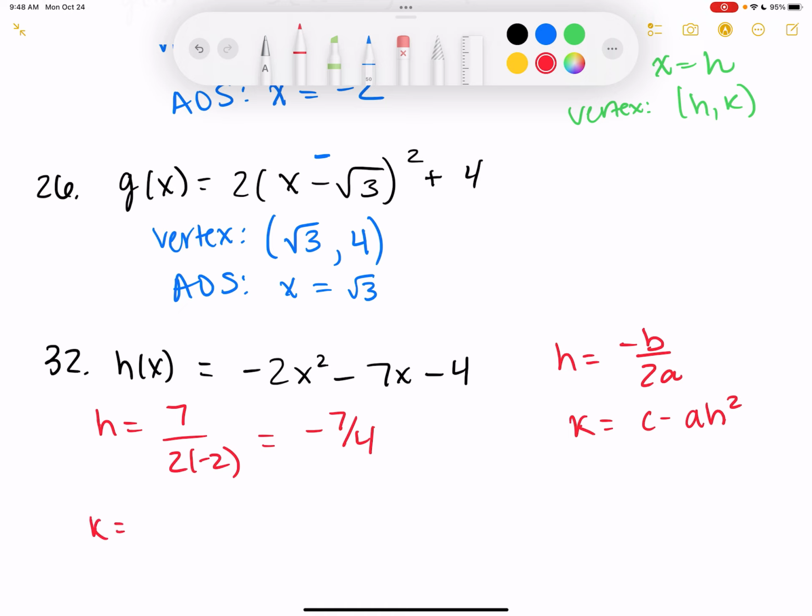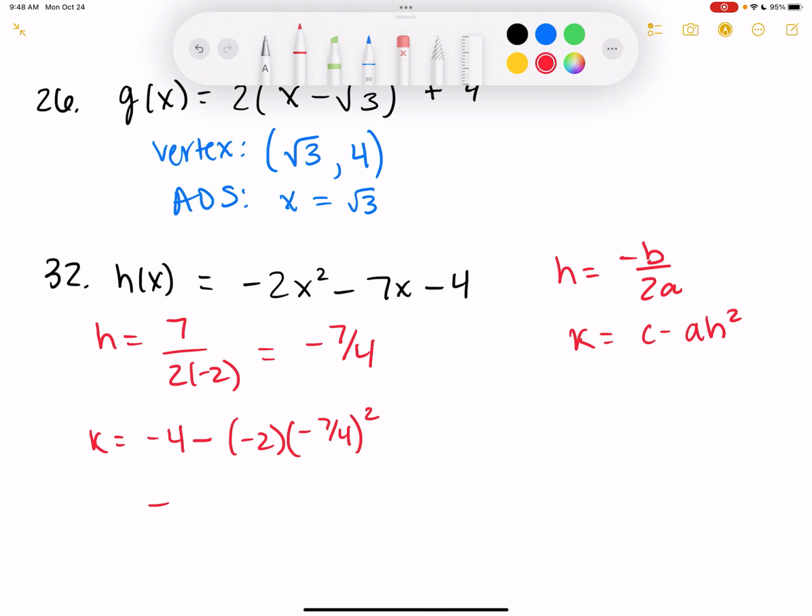K is c, which is negative 4, minus a, which is negative 2, times h squared, so negative 7 over 4 squared. So negative 4 plus 2 times 49 over 16.